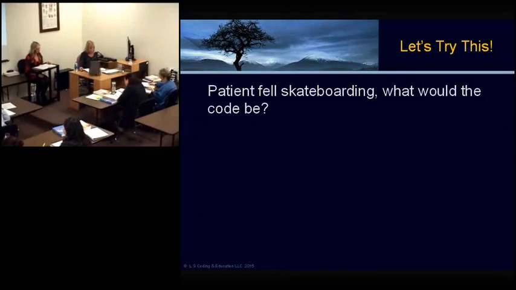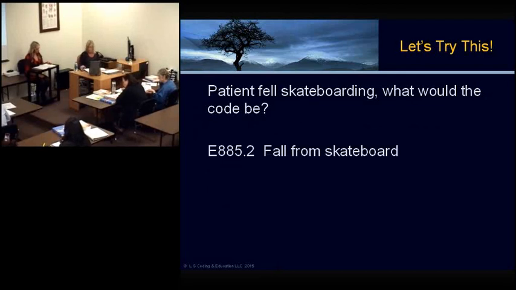So you look under fall, then you end up on page 656, down three-quarters or a little over half the way down, and you find the word skateboard, and it tells you to go see E885.2. So let's go look at E885.2 in the tabular, because once you look something up in the index, you are required to go and look it up in the tabular.